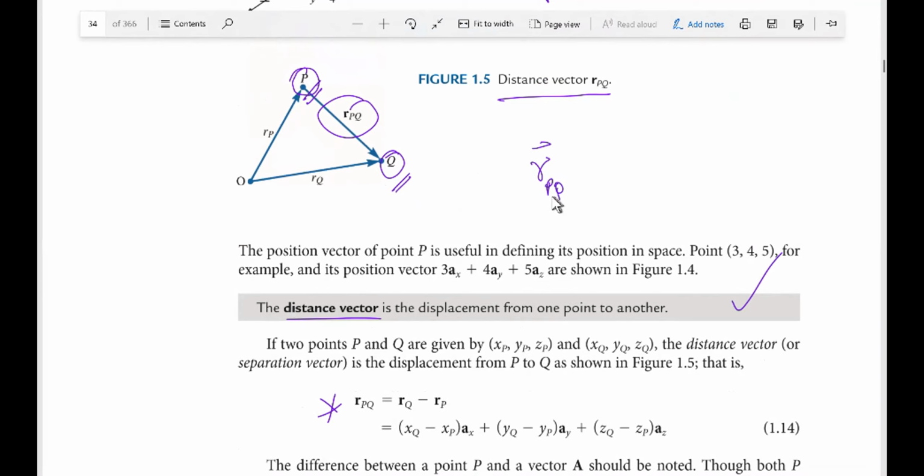This illustrates it is a distance from point P to point Q, simply the displacement from one point to another. Notice that this is not equal to RQP, because vectors are directional. Moving from point P to point Q is different from moving from point Q to point P.